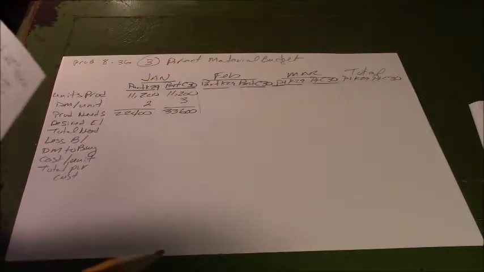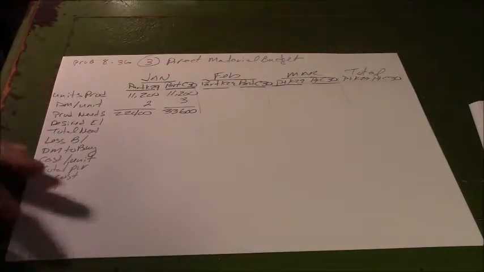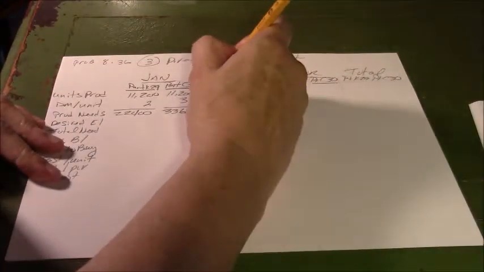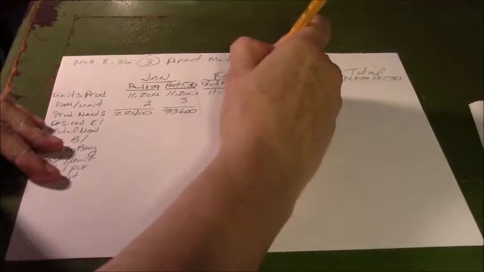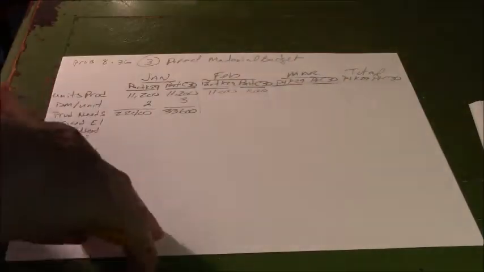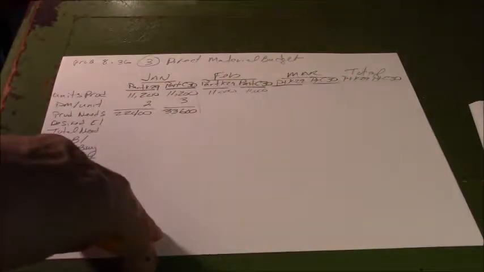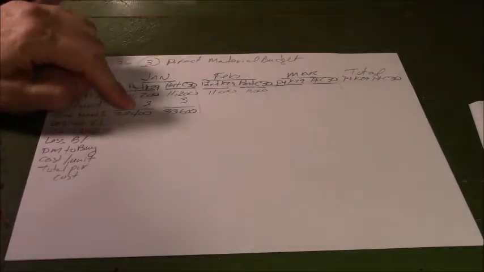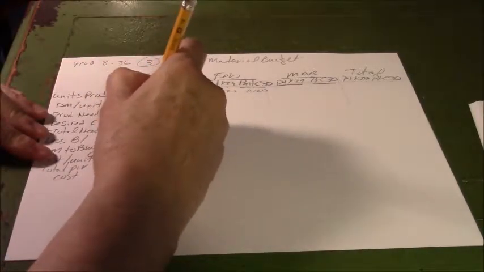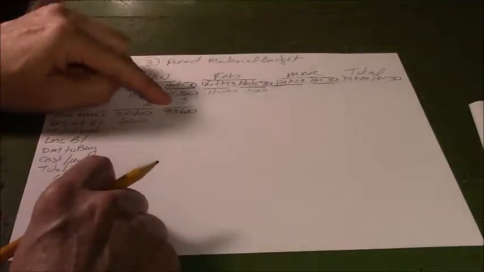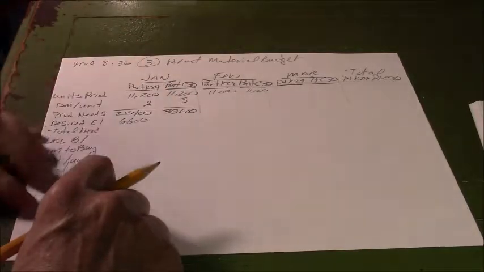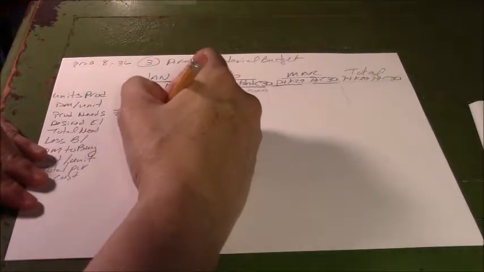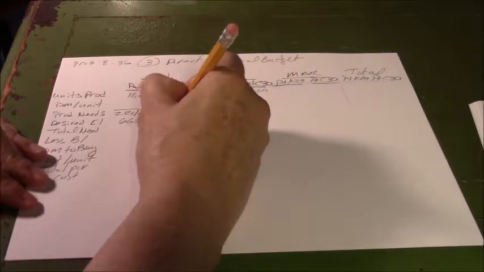Next month's production, February, is 11,000. So 30% of 11,000 times 2 is 6,600. 30% of 11,000 times 3 is, I'm sorry, 9,900.